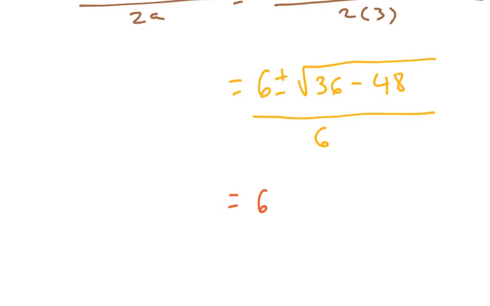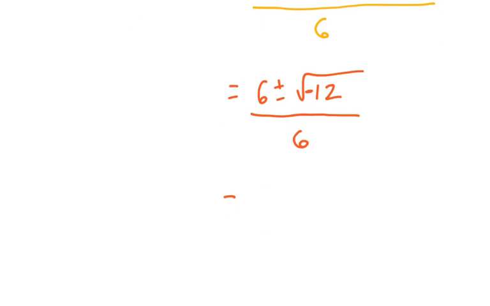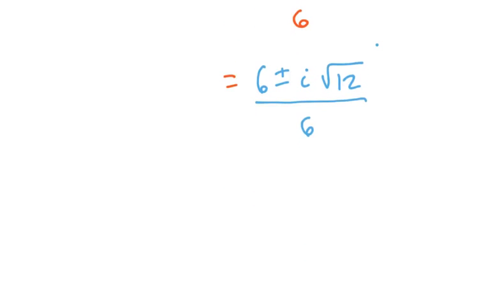So this is going to be 6 plus or minus, now 48 minus 36 is 12, but because it's the other way around, it's negative, over 6. Again, because we have a negative, we're going to go ahead and put an i on the outside. And 12, when you break 12 down, you're looking to take out perfect square roots. So this would be 4 and 2.